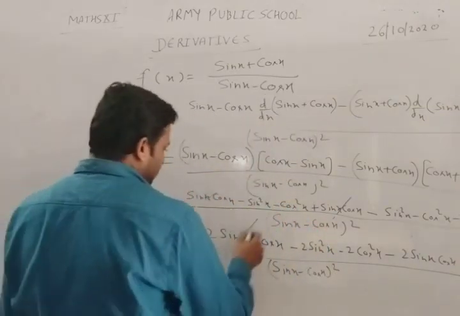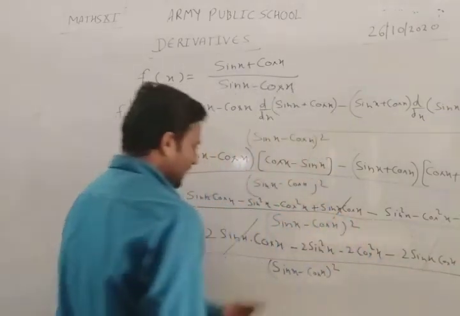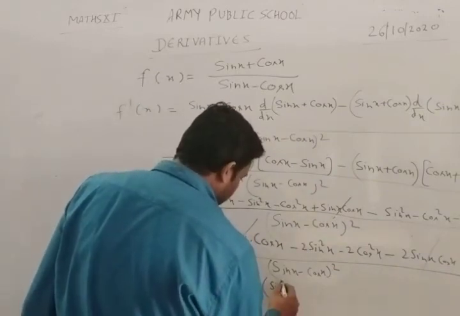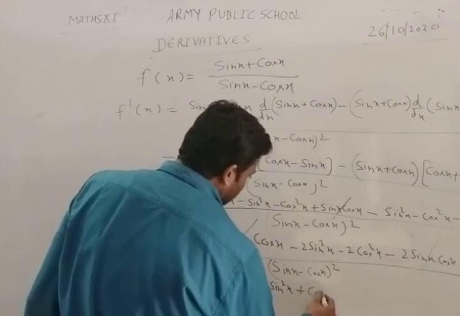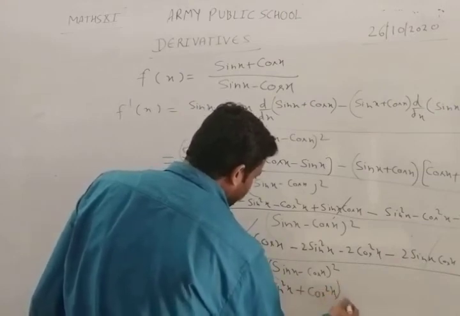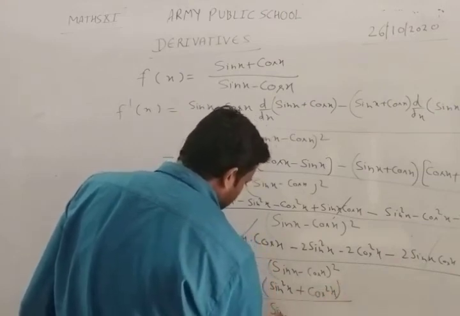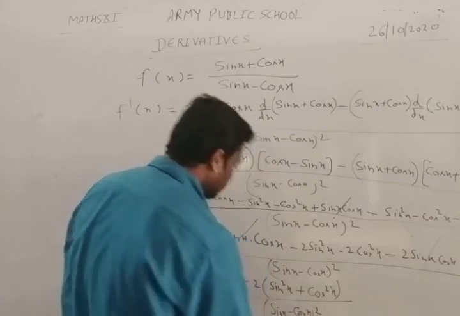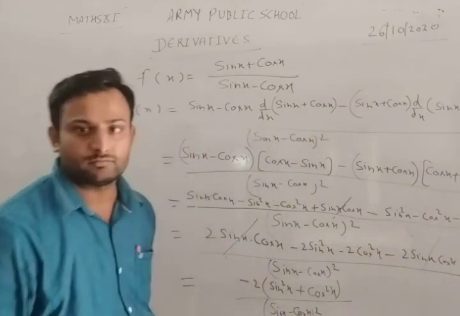Now this will be cancelled, and here minus 2 times sin square x plus cos square x divided by sin x minus cos x whole square.